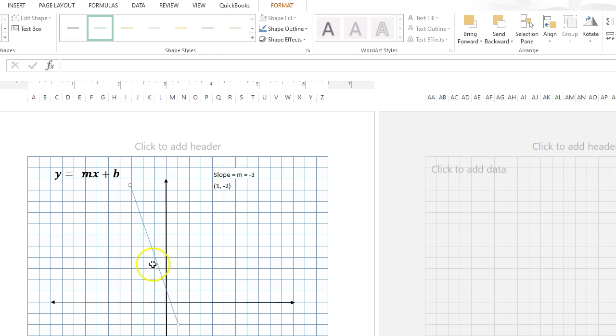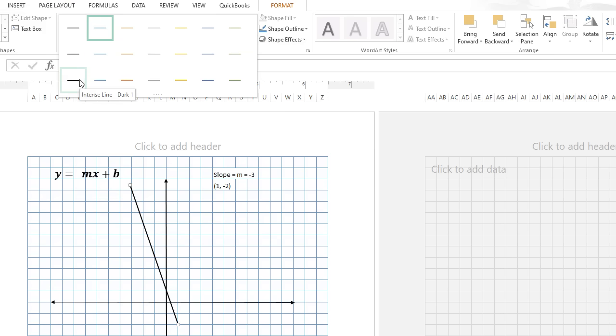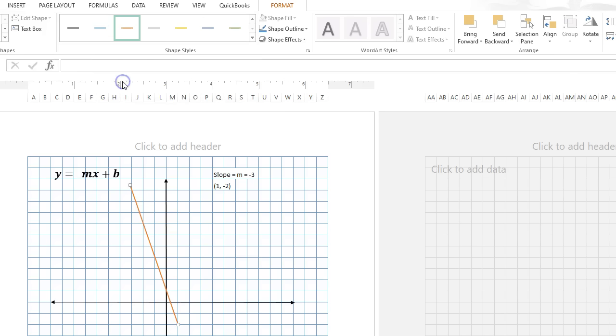From here to there is 9. 1, 2, 3, 4, 5, 6, 7, 9. Exactly. And that would be your line right here. Let's make it a little darker. Choose a different color. That would be it. This is a much better color.